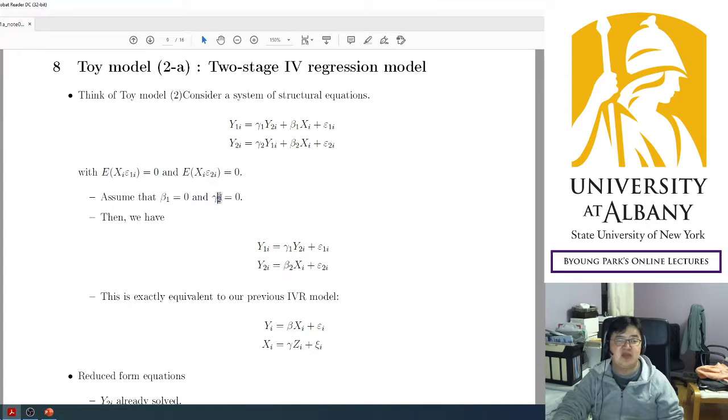And by assuming gamma 2 equals 0, you remove the reverse causality: y1 does not affect y2. So that will also enable you to identify the parameter using instrumental variable regression results.